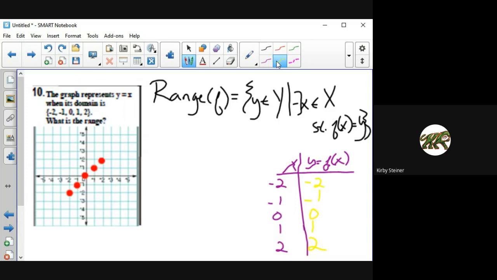So if we take this -2 here, let's say that I want to say that -2 is in the range. Is there an x such that f of x is equal to -2? In this case, for this function, there is an x, which is -2, that equals -2, and it's included in the function.